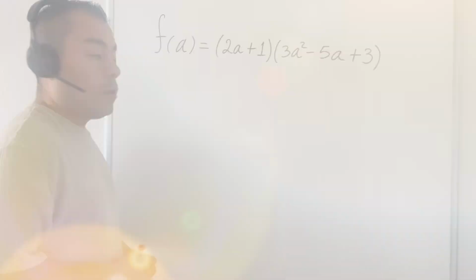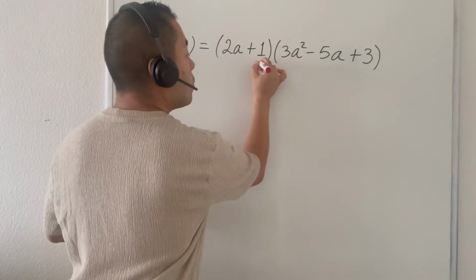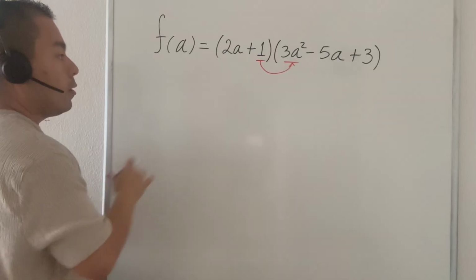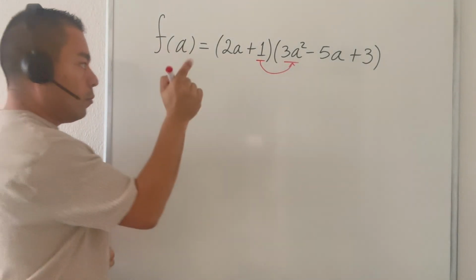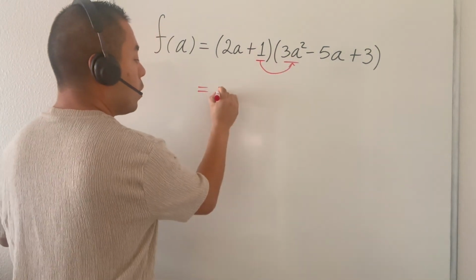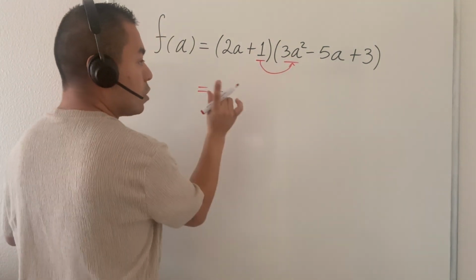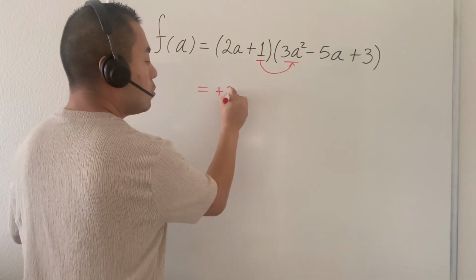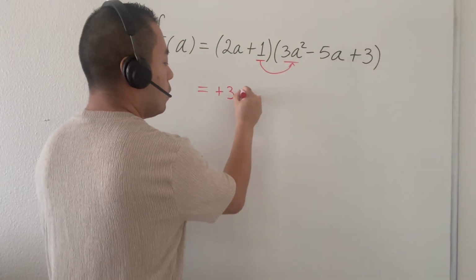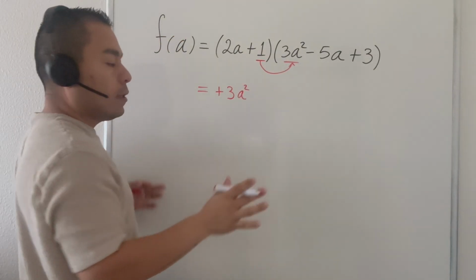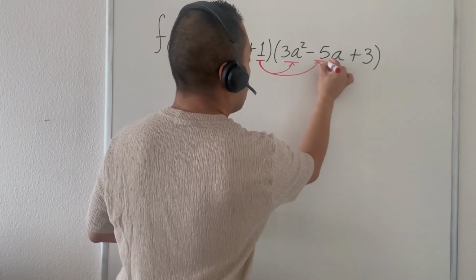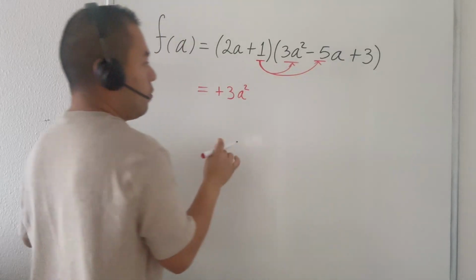Let's do it. For the first case, we have number 1 multiplying the first term, that is 3a squared. So the steps are the same. First, signs. Plus by plus is plus. Coefficients, 1 by 3, 3. And variables. This doesn't have a variable, so it's nothing by a squared, so it will be a squared. That's it. Second, multiplication of this 1 by minus 5.